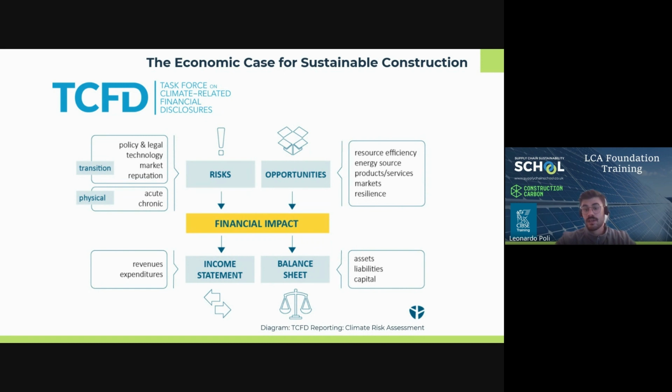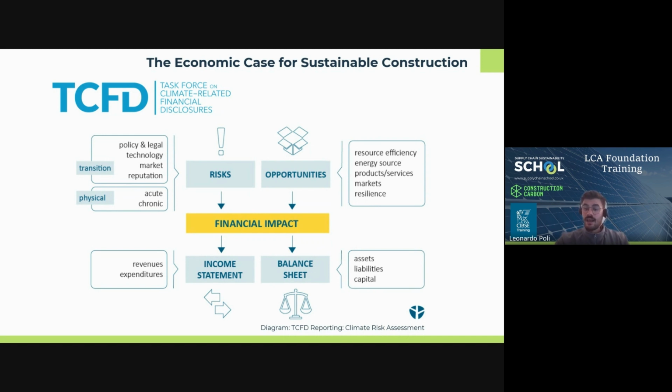The task force was asked to develop voluntary, consistent climate-related financial disclosures that would be useful to investors, lenders, and insurance underwriters in understanding the material risks. The TCFD is increasingly influential as it directly influences, for example, the Bank of England, who in turn have oversight across the UK financial community, influencing banking and lending across the UK.